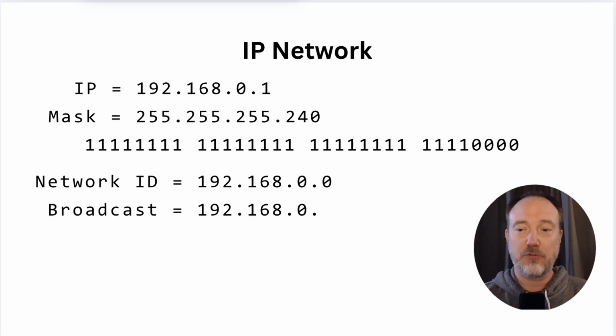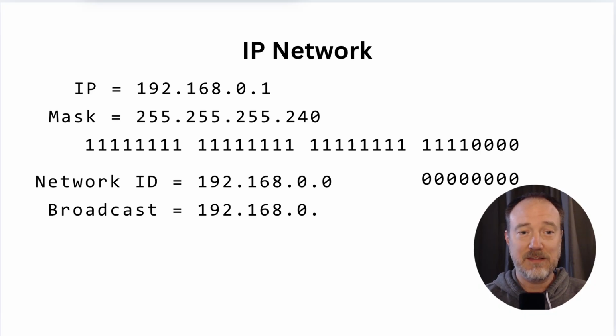So we need to keep track of the network bits and the host bits here. We only set the host bits to ones to find the broadcast address. The network bits have to stay the same as what they are in the network ID. So here we have the last octet of the network ID. That's all zeros.